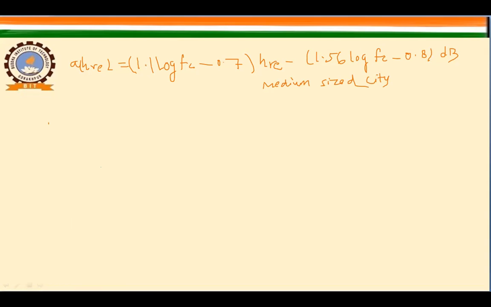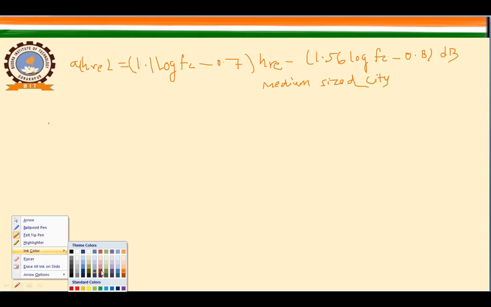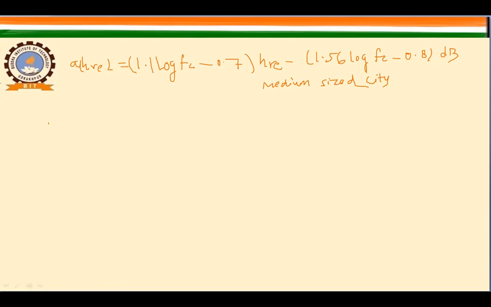Now we are going to write a very important formula, that is a(h_RE) = 8.29 (log(1.54 h_RE))^2 - 1.1 dB for fc less than or equal to 300 megahertz.